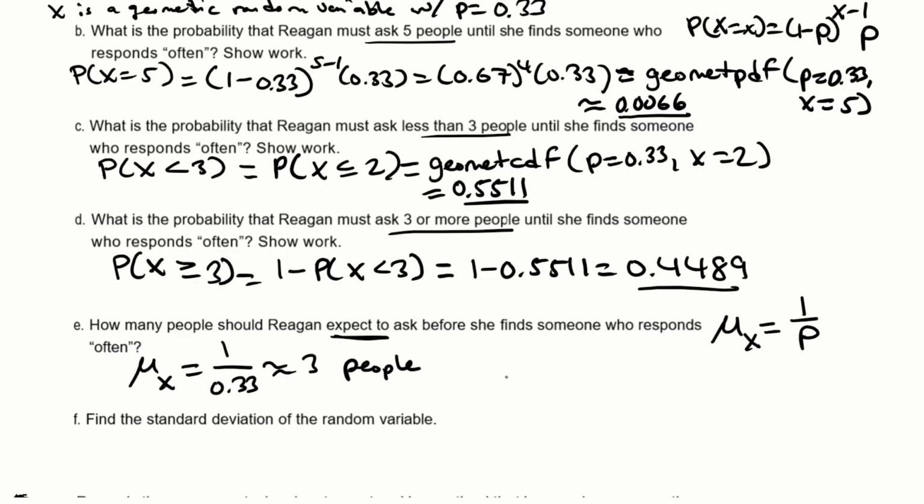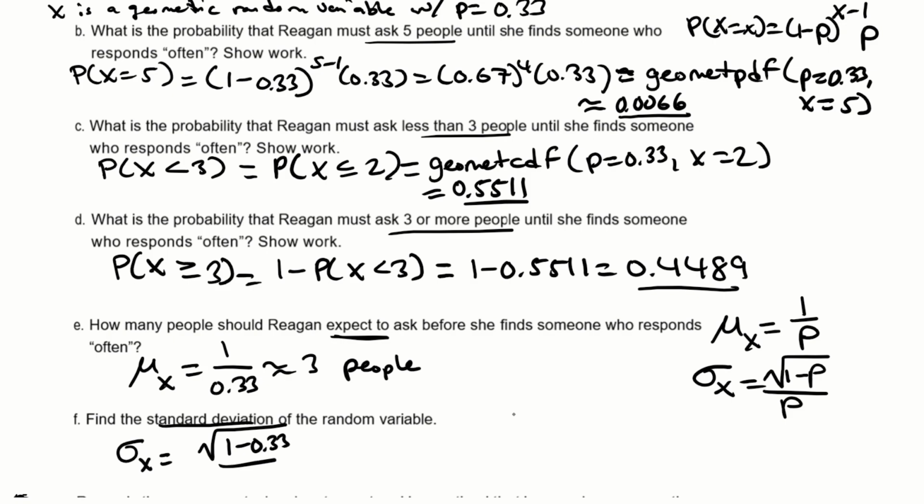And then the formula for the standard deviation of a geometric distribution is the square root of (1 minus p) divided by p. So we have sigma X is the square root of (1 minus 0.33) divided by 0.33. So that's approximately 2.48 people.